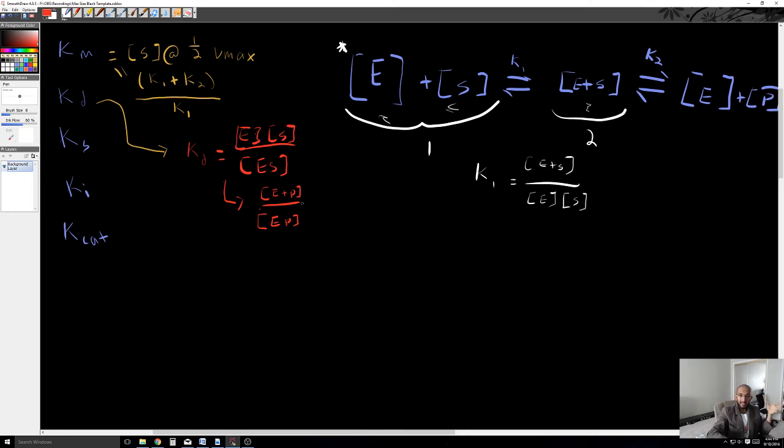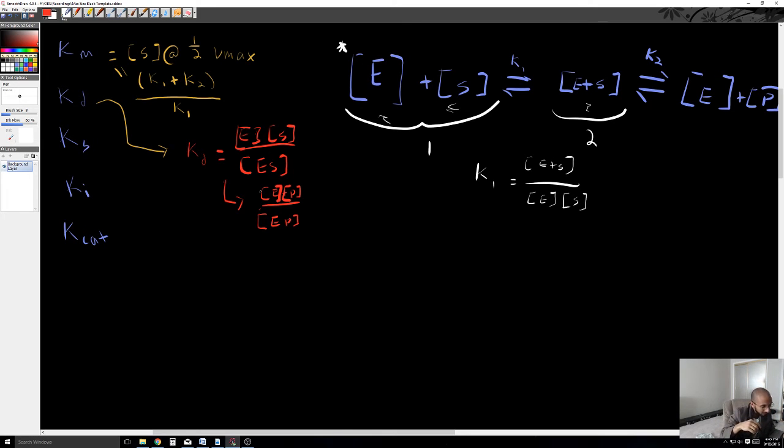When you see Kd, think about what dissociation we're talking about. Are we going from enzyme product to enzyme and product, or enzyme substrate to enzyme and substrate, or some completely other thing? Just remember, it is a dissociation constant, so figure out what dissociation is going on.